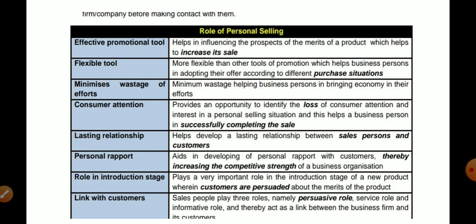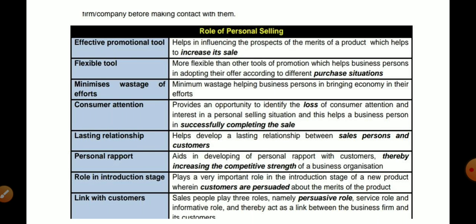Lasting relationship: the salesperson and the customer develop a lasting relationship, which helps in repurchasing of goods. Personal rapport: you can build a personal rapport with the customer, thereby increasing the competitive strength of the business organization.